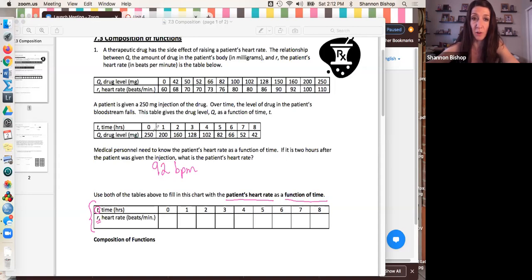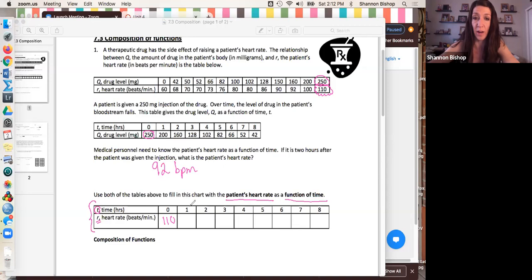Well, after 0 hours, we know that they just got their injection. So they have 250 milligrams of drug in their body. And if they have 250 milligrams of drug in their body, then their heart rate should be 110. So their heart rate should be 110 beats per minute at the 0th hour.